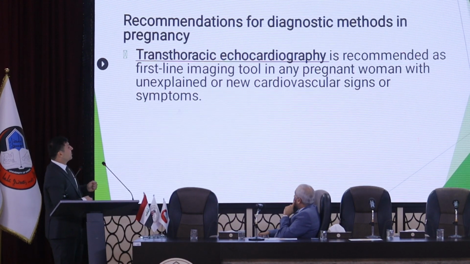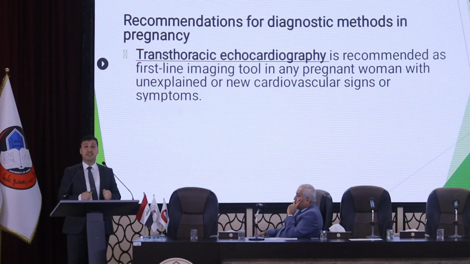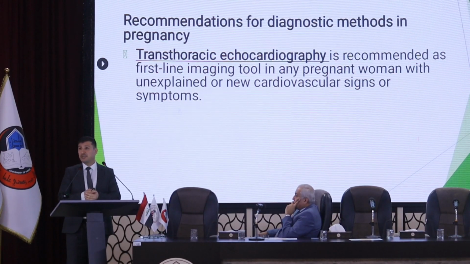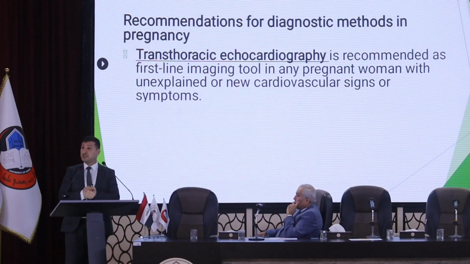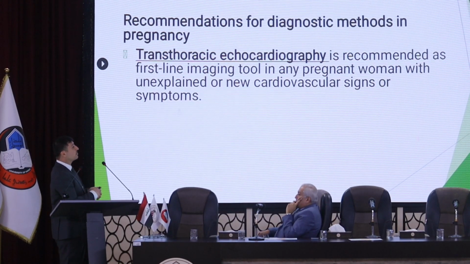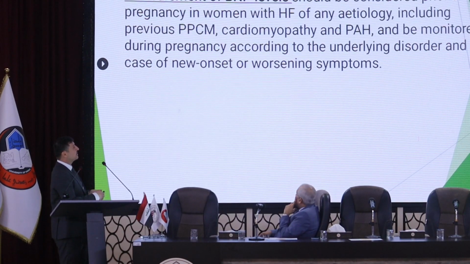So, in general, what to do for the pregnant lady when you suspect cardiovascular disease? Echo is important. It is an imaging tool that should be done for a pregnant lady, especially if there are any new symptoms: dyspnea, chest pain, palpitation, significant palpitation, although this may occur in normal pregnancy. So echo is so important.